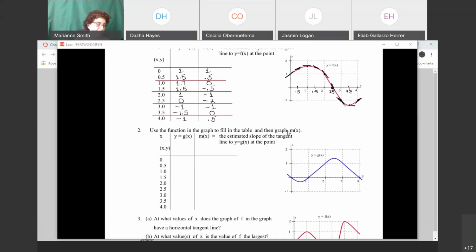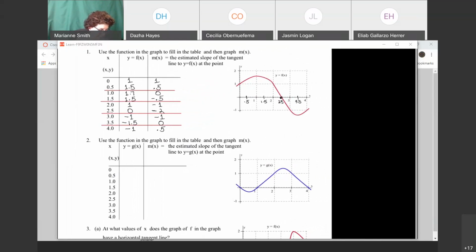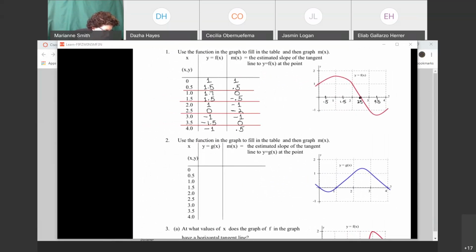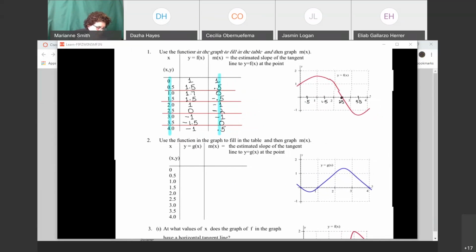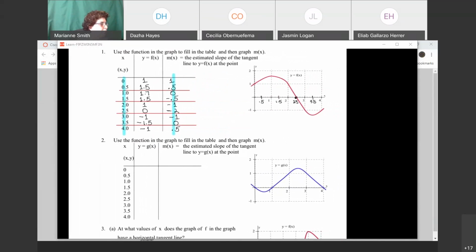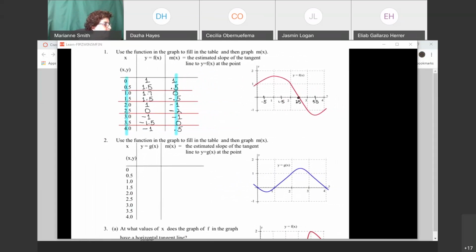I'm going to go back and get rid of the tangent lines I drew because they're kind of in the way. And now I'm going to plot the x values that I have here with these y values. So ordered pairs basically. And I'll try to plot them in a different color to make it a little bit more visible. Okay, so the first one is 0, 1.